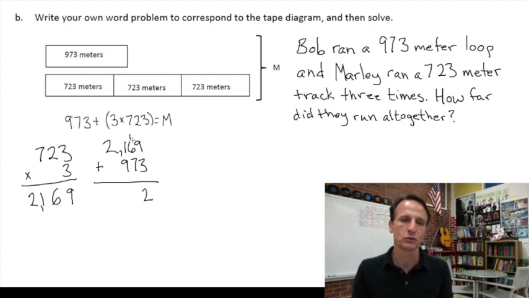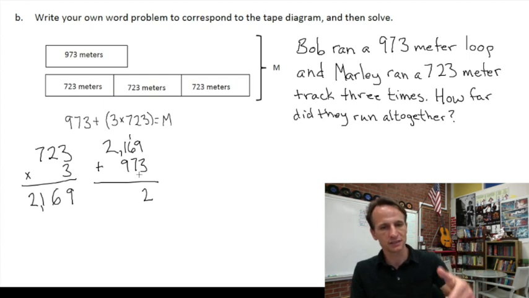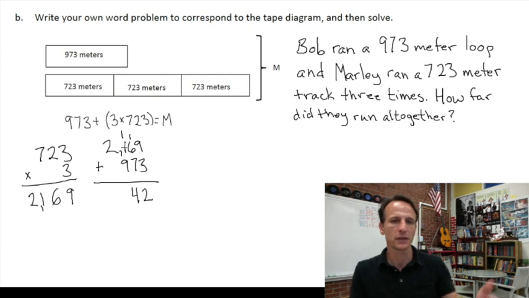We'll place a 2, regroup the 1. I see 7 and 7 make 14. Good. Regroup the 1. I see a pattern here. I have a 9 and 1 make 10, and 1 more is 11. Place the 1, regroup the 1, and 1 and 2 make 3. And that conforms to my estimate.